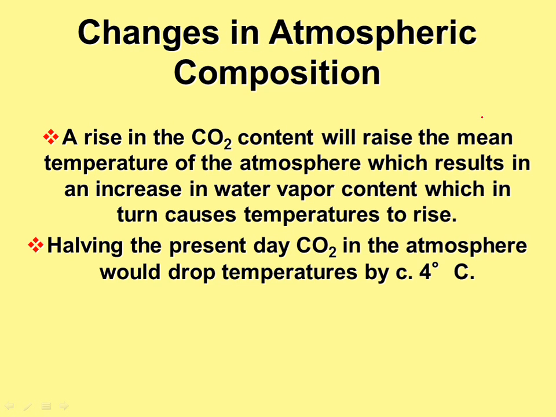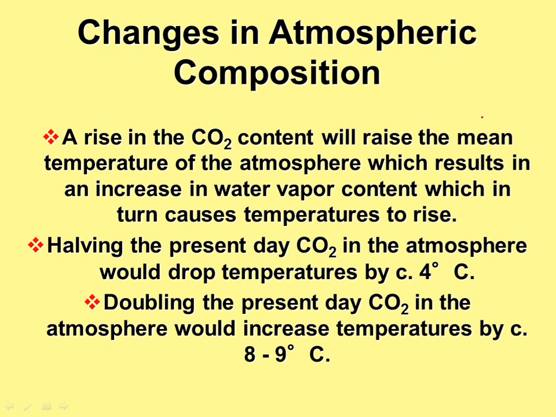And if you look at some numbers that people like to throw around, if you take the present day concentration of carbon dioxide in the atmosphere, which I think is at its highest level for 800,000 years was the number I was just looking at, but it's pretty high. If you were to cut that in half somehow, it would cause the worldwide average temperature to drop by about 4 degrees Celsius.